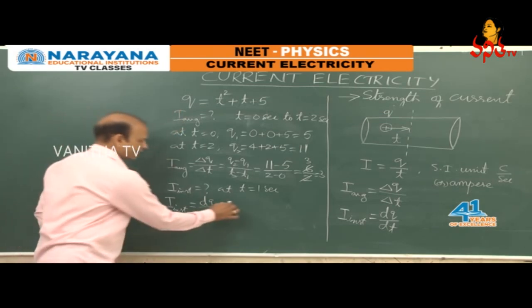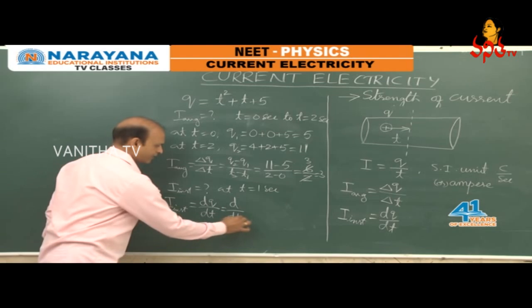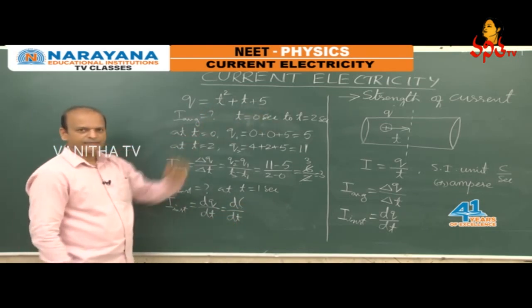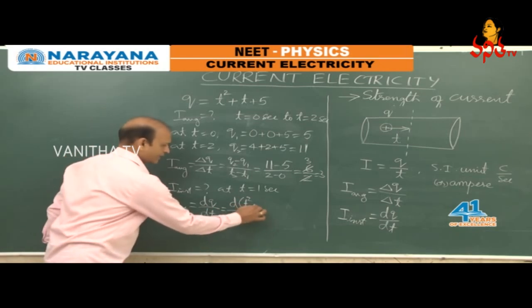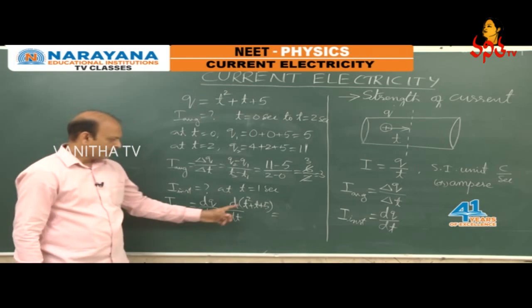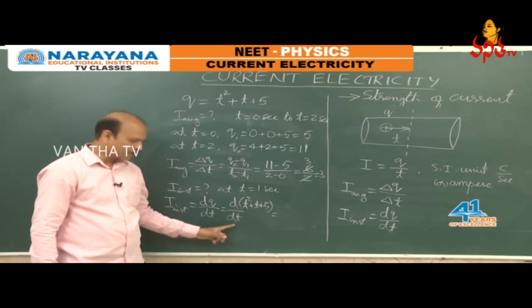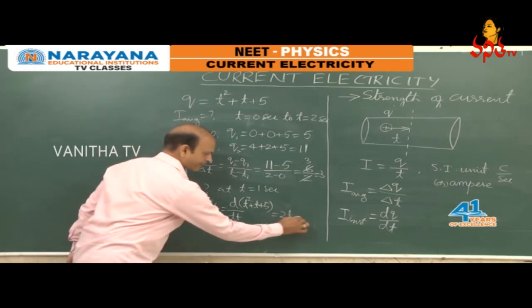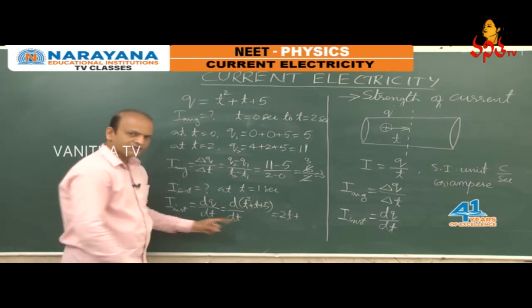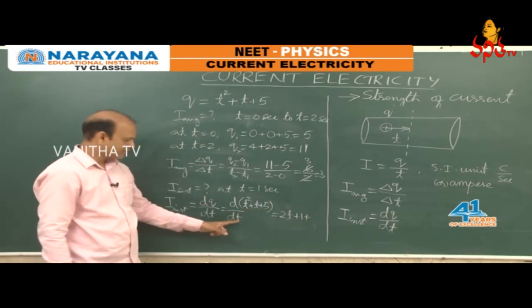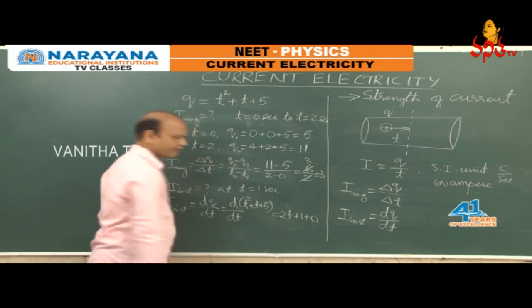So, d by dt of the q equation, which is t square plus t plus phi. Differentiating with respect to the time, t square gives 2t, t with respect to t is 1, and phi is a constant, so its differentiation is 0.